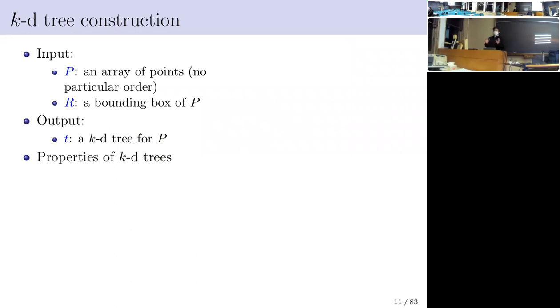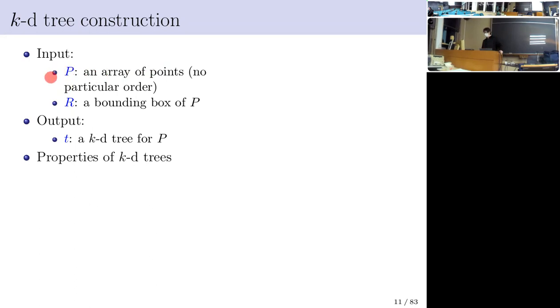So the algorithm we are trying to think about is how to build such a tree given a set of points. More specifically, the input is P and R. P is an array of points. The points are not ordered in any particular way, so it's essentially just a set.